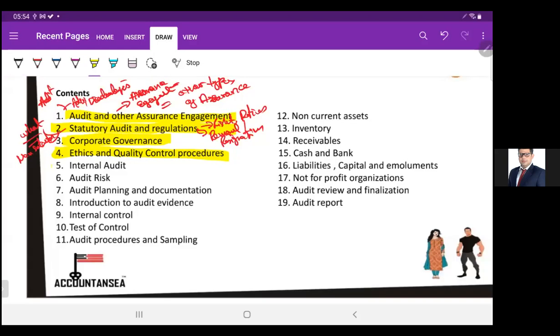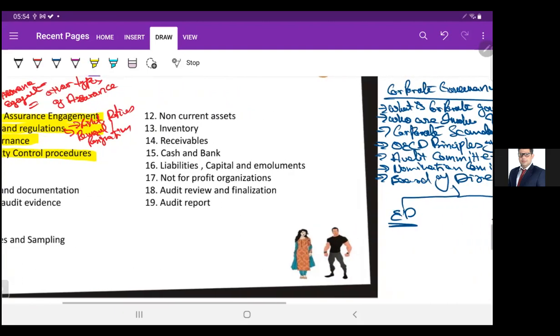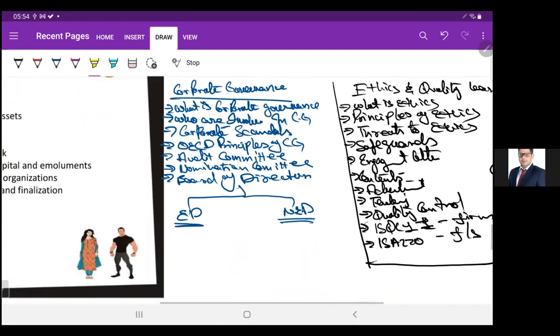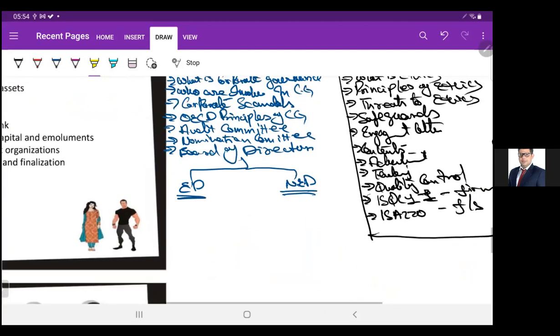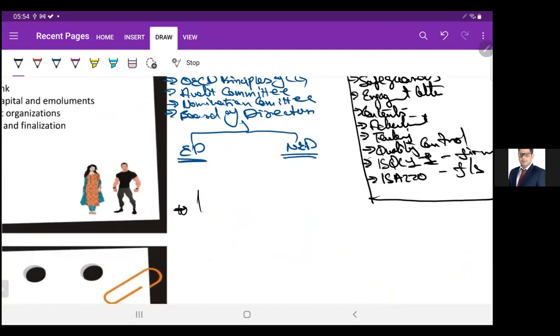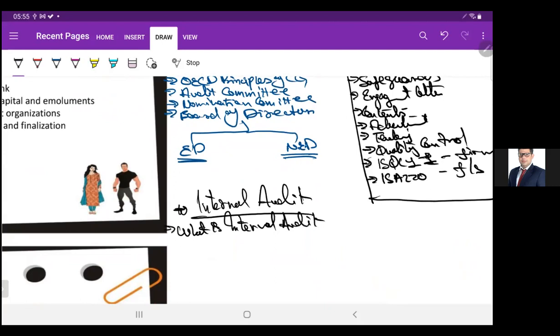The next area which we will look at is internal audit. First we will look at what is internal audit, and why internal audit is important in corporate governance.